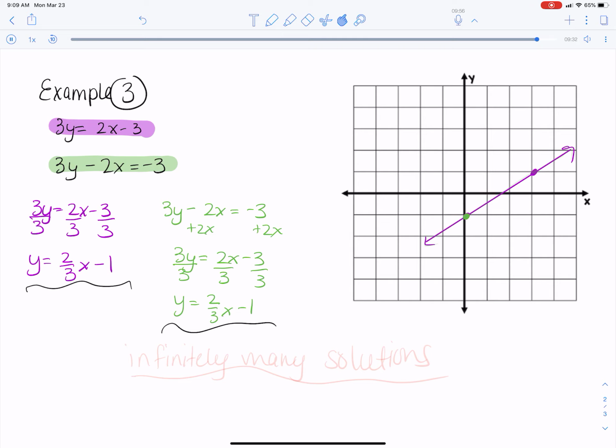My slope's the same at 2/3, so we go up 2, right 3. And we're just drawing over the same exact line. So when that happens, when we're drawing on top of the same line, that means we have infinitely many solutions. That's it.